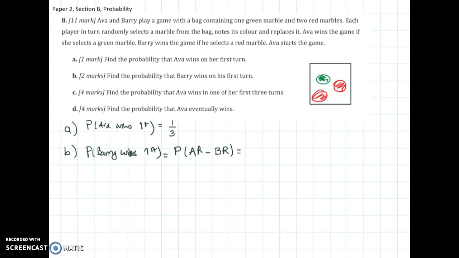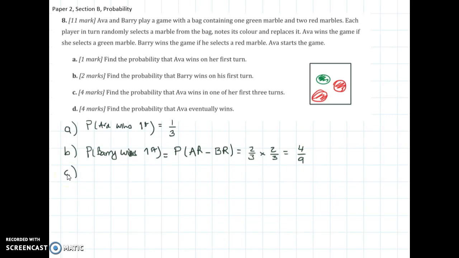So for Eva to get a red one, that's going to have probability 2/3. And then we multiply because it's part of the same experiment. We keep going with the experiment. Now Barry takes a marble, and then that's to be red as well. So it has probability 2/3 again. So this is 4/9, the probability that Barry wins on the first turn.